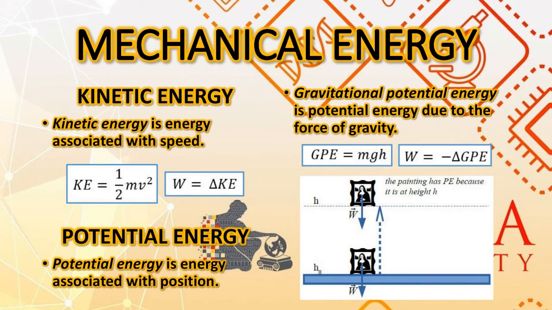Next, we move on to potential energy. Potential energy is brought about by conservative forces. When a conservative force performs work, the work done does not depend on the path taken by the object from initial position to final position.